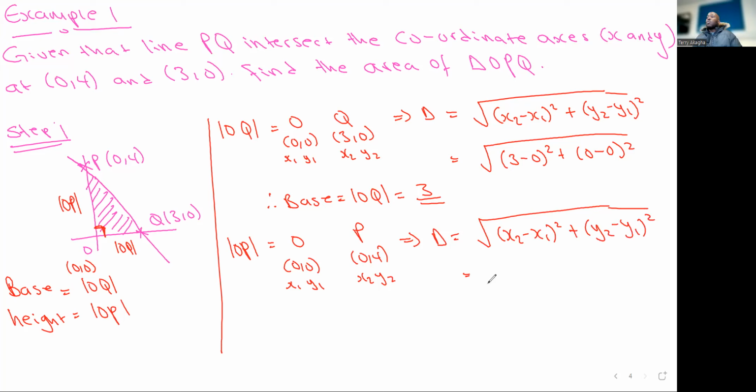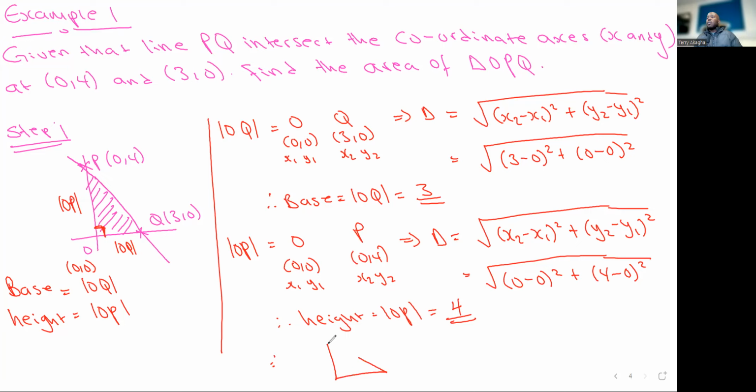That gives the square root of (0 minus 0) squared plus (4 minus 0) squared. This is the height, the same thing as OP, which will be 0 plus 4 squared, that is 16. The square root of 16 gives you 4. So that means we can now draw this triangle here.